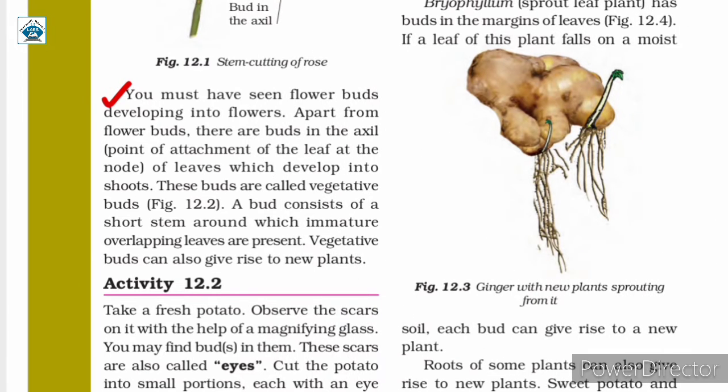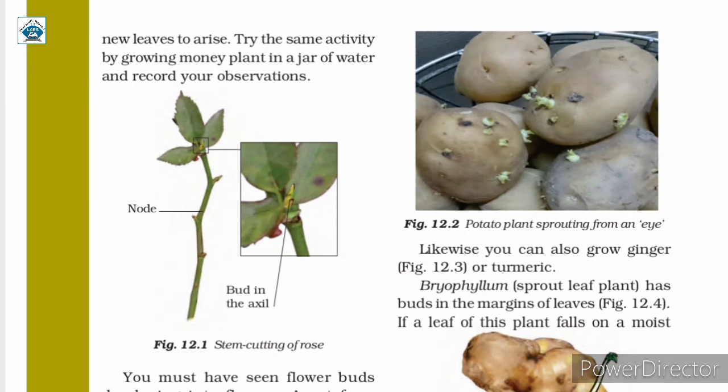So in this paragraph, we read about vegetative buds. Apart from flower buds, there are buds at the point of attachment of the leaf at the node, which is called the axil. As shown in the figure, there is a bud in the axil. These develop into shoots. Now, what are shoots?